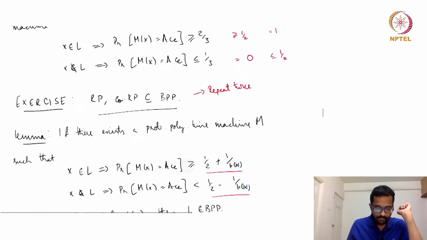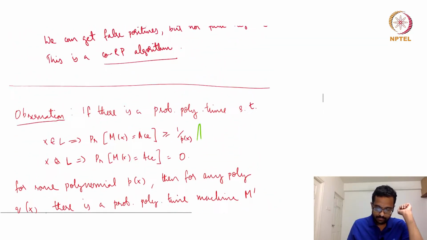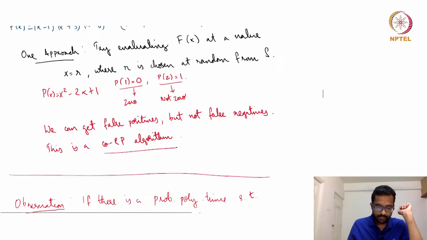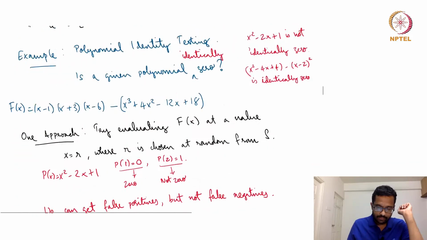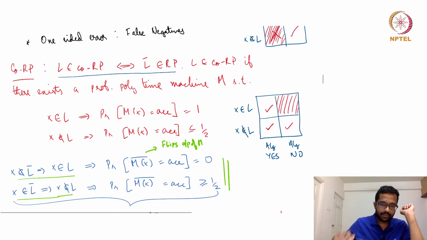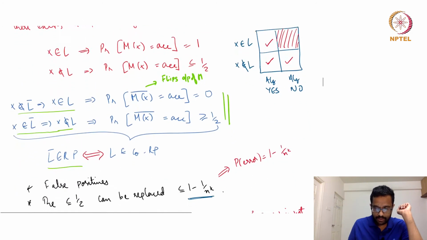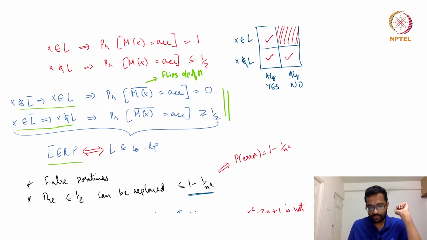We have seen co-RP, which corresponds to the languages that are the complements of the languages in RP, and we saw that it has false positives but no false negatives.